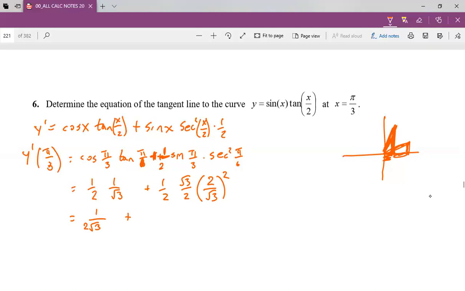So 1 over 2 root 3 plus, what do we have here? 4 root 3 upstairs, all over 2 times root 3 squared, which is 12.